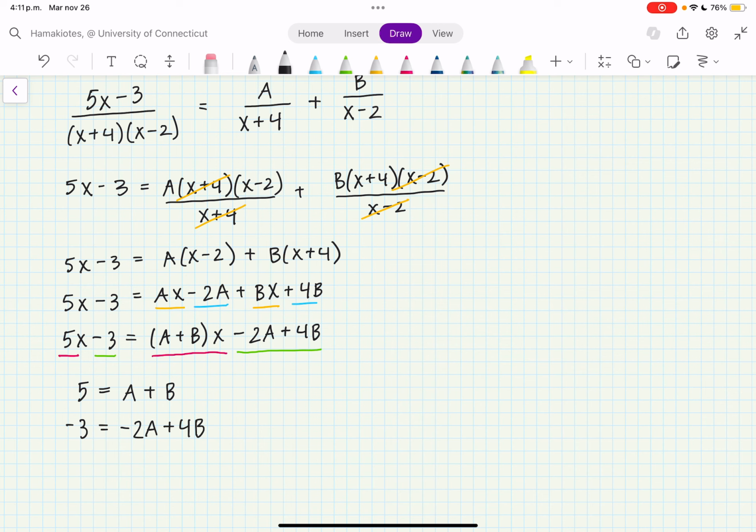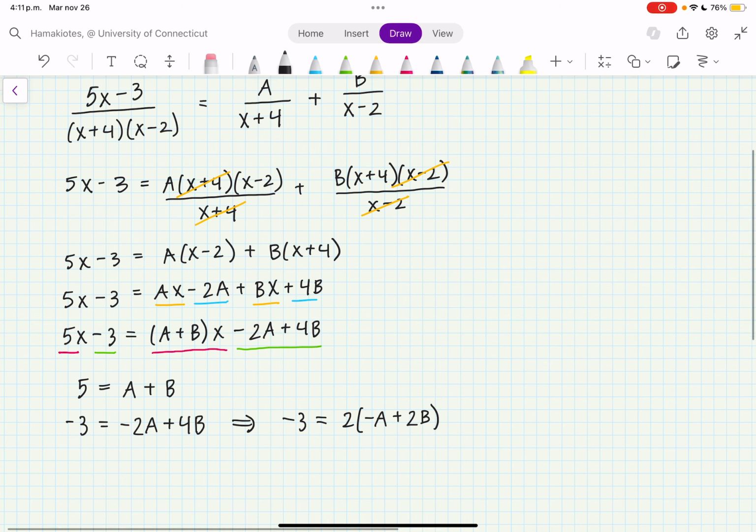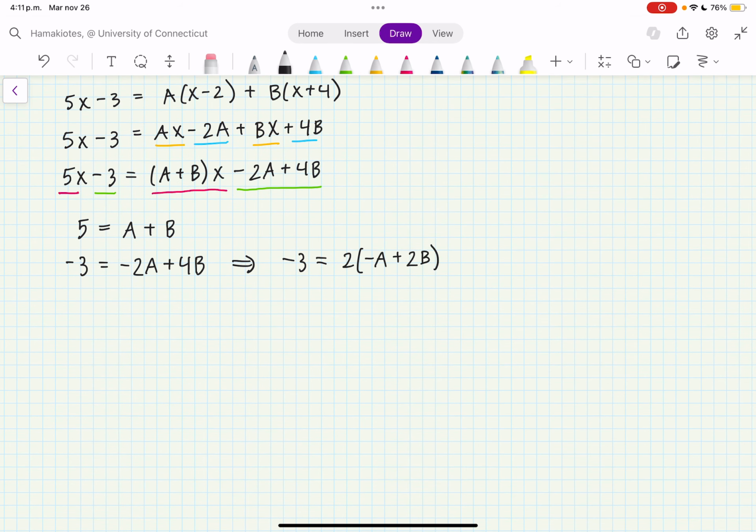So the goal here is to solve for what A and B are. I can simplify this a little bit. I can just factor out a 2 from the right-hand side. So this becomes minus 3 is equal to 2 times minus A plus 2B. Now if I divide both sides by 2, I have minus 3 halves equals minus A plus 2B.